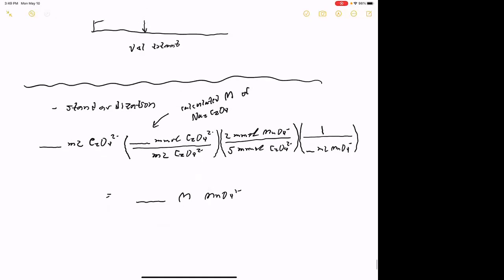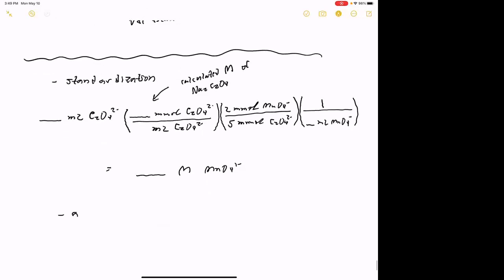Okay, so now what about the analysis part? What's your goal in the analysis? Your goal is to get ppm, or parts per million, of the calcium ion in the solution that was given to you in the unknown. Okay, so remember that parts per million of calcium could be expressed 2 ways.